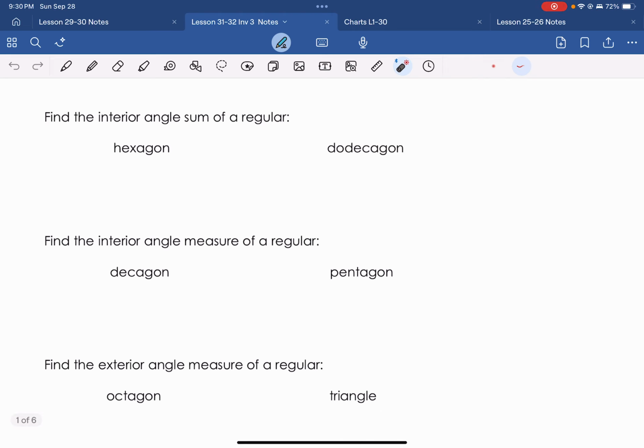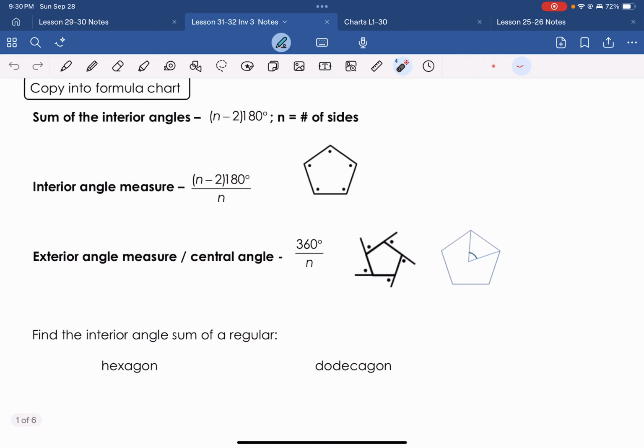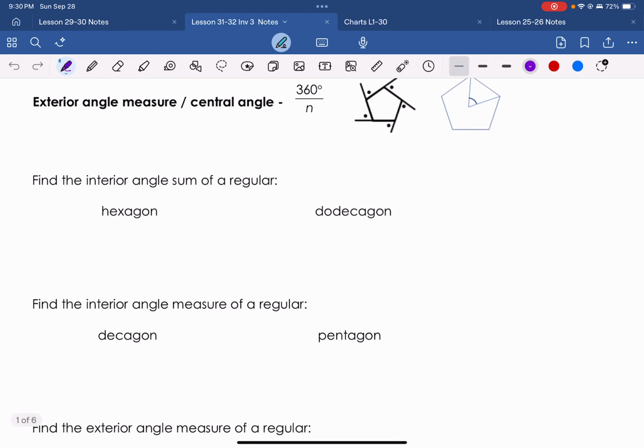Okay, let's practice some of these. I'm going to do one, and then you're going to do one. Okay? All right, so it says, find the interior angle sum of a regular, and I'm going to do hexagon. Okay, now the sum is this one right here. So we know a hexagon has 6 sides.